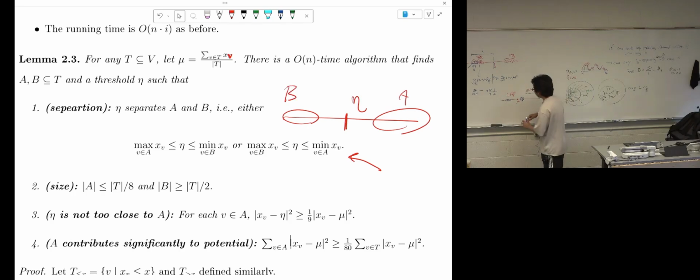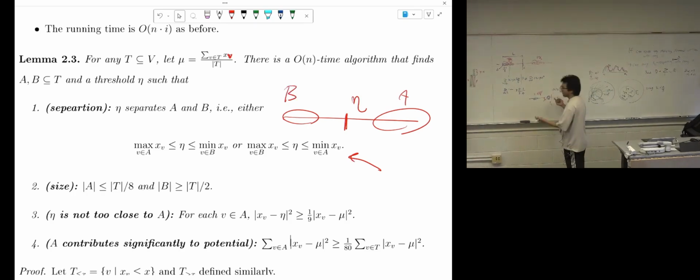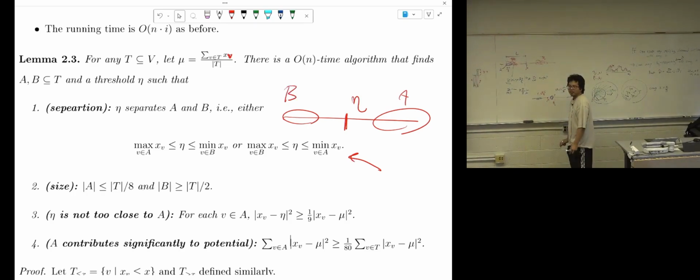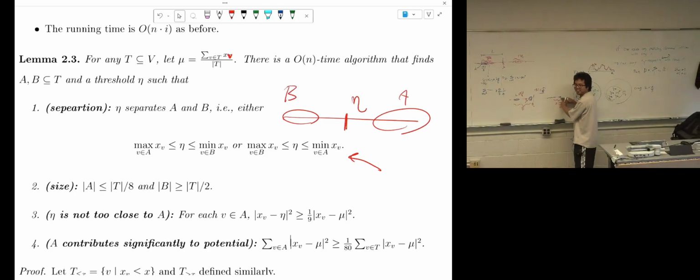So if this happens, what would you do? Well, just choose eta to be something like this, then shift eta a bit to this part. Now I shift eta to here, and I claim that this is my B. B will contain more than half of the nodes because a large number of nodes is here. This part now is going to be small, but it's still going to contribute a lot to the potential.